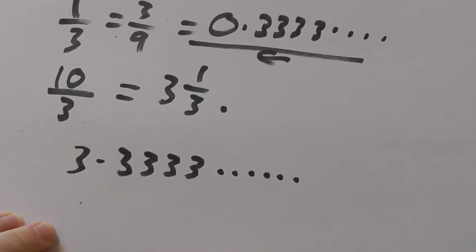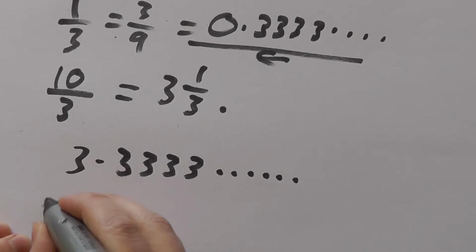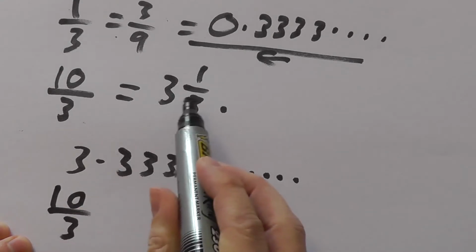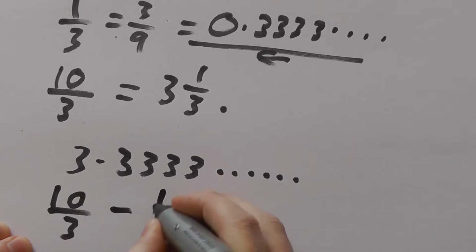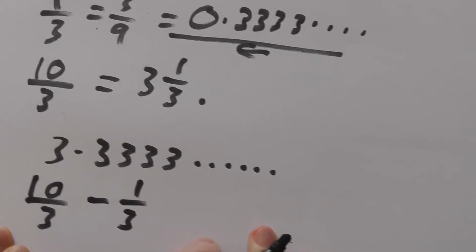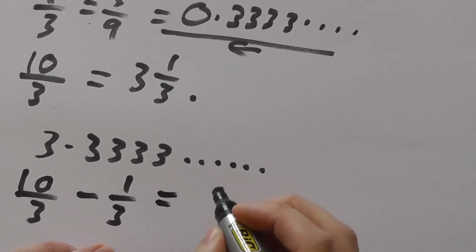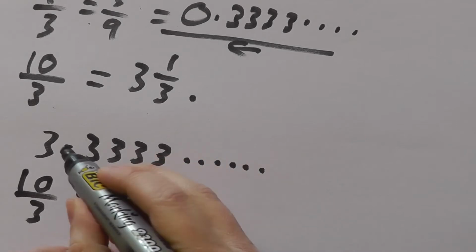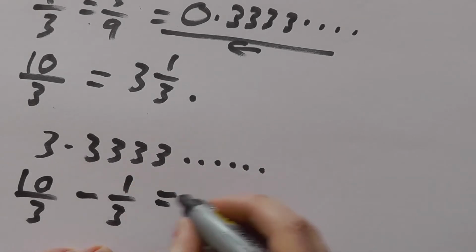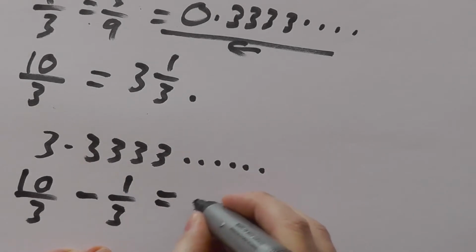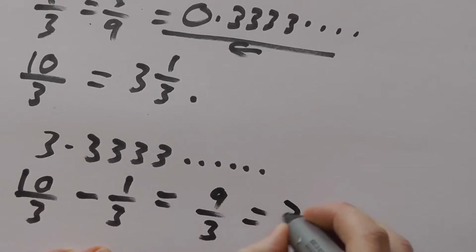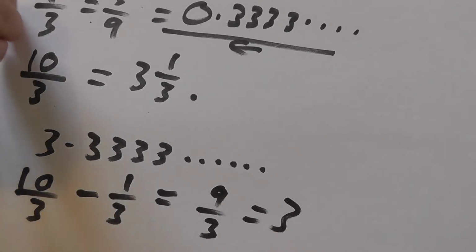And what, for example, would 10/3, which is 3 1/3, minus 1/3 be? Well, the answer is 10/3 minus 1/3 is 9/3, which is 3, and 3 point nothing.